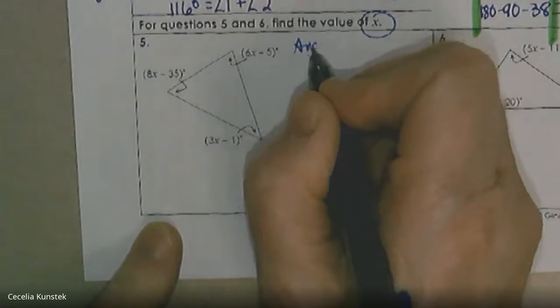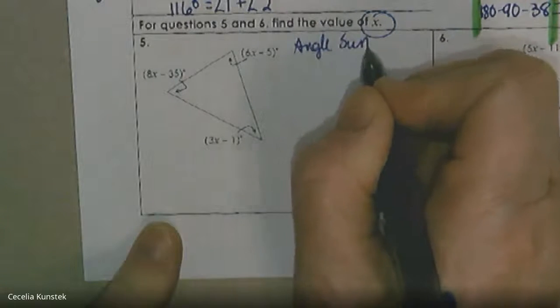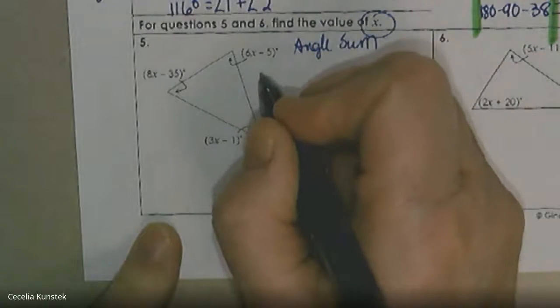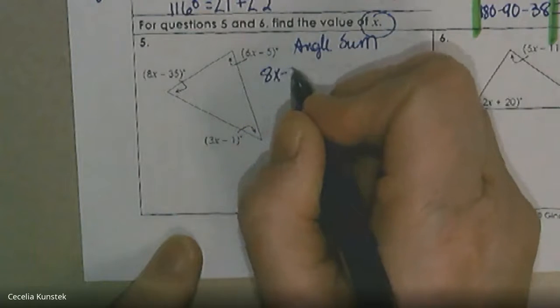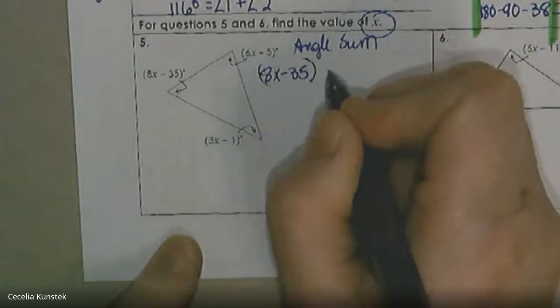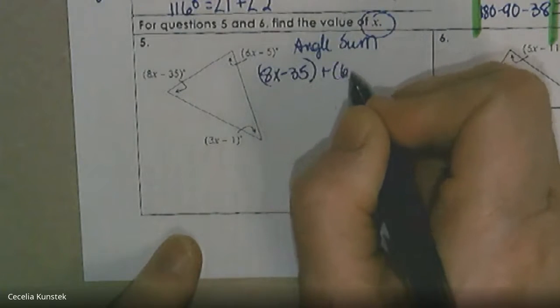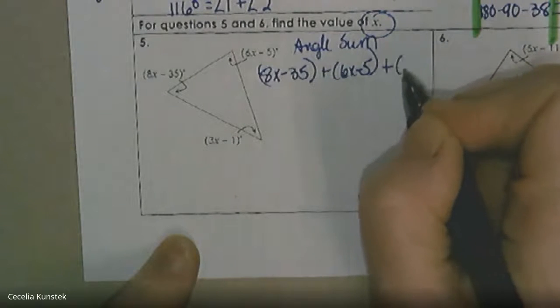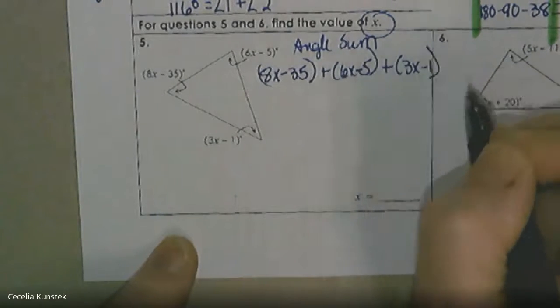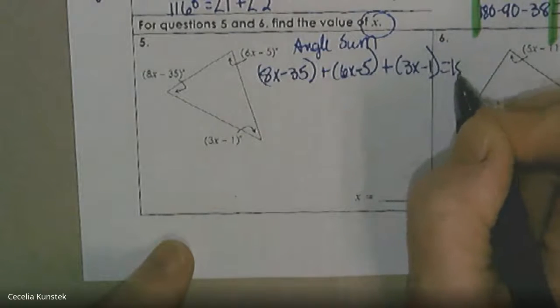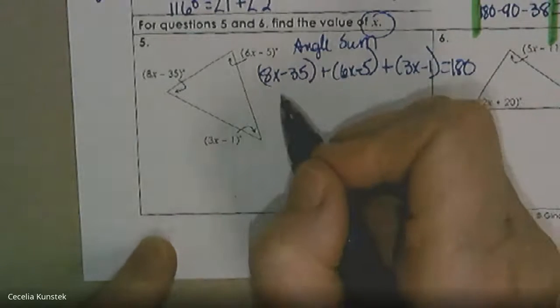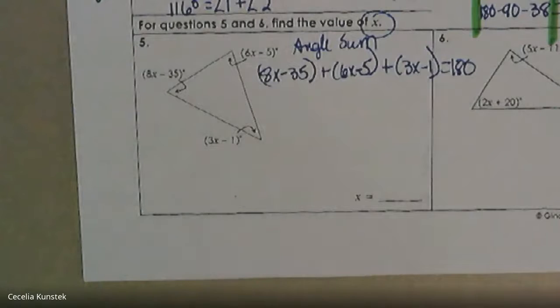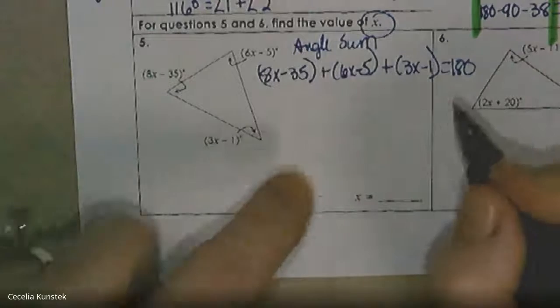So by the angle sum theorem, we would say 8x minus 35 plus 6x minus 5 plus 3x minus 1 is all equal to 180 degrees. So I can combine my like terms here, and that's going to give me 17x.